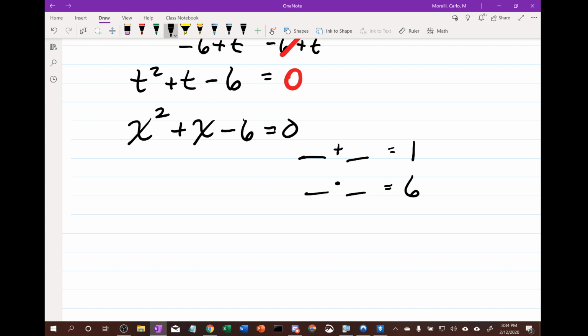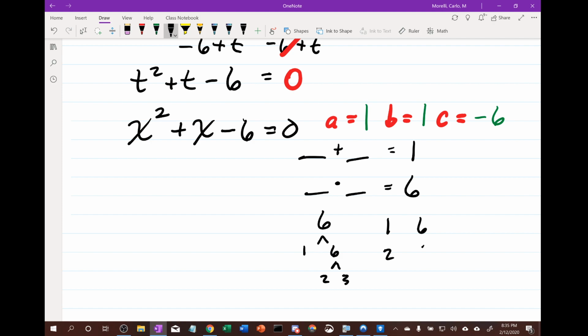All right, so let me show you what I'm thinking of here. A equals 1, B equals 1, and C equals negative 6. Because C is negative, I know that my factors will have different signs. And because B is positive, I know the largest number will be positive. So let's take 6 and break it down. I got 1 times 6, and I got 2 times 3. So 1 and 6 are possibles, and then 2 and 3 are possibles.